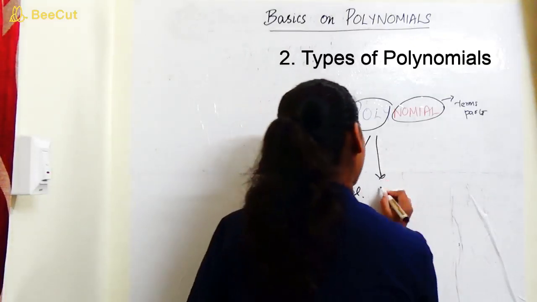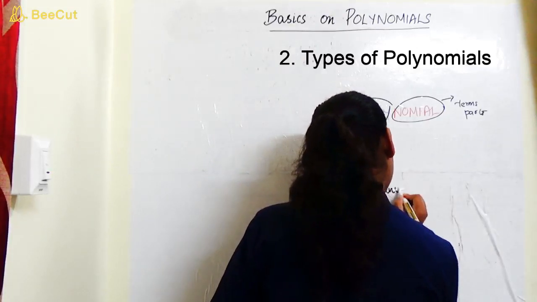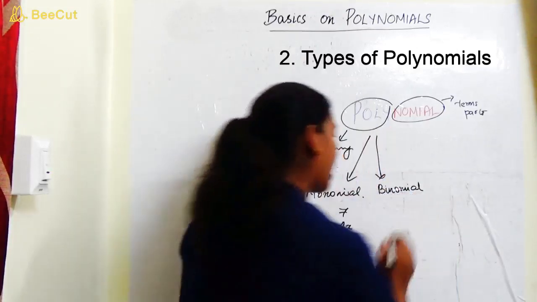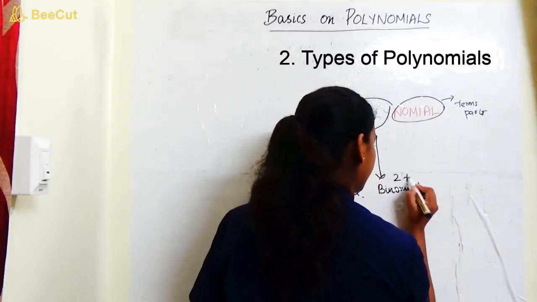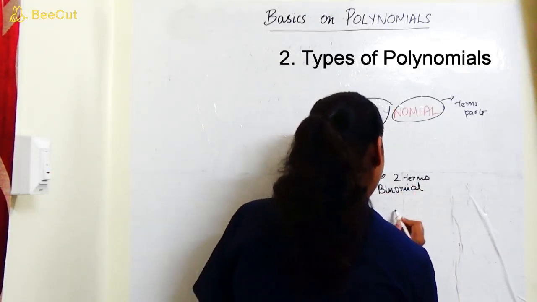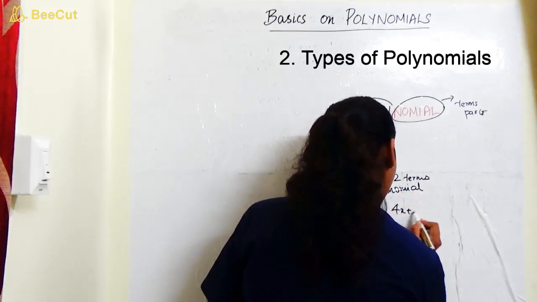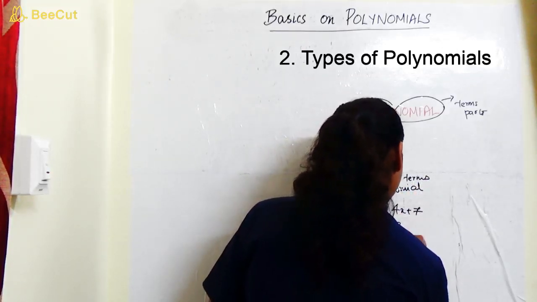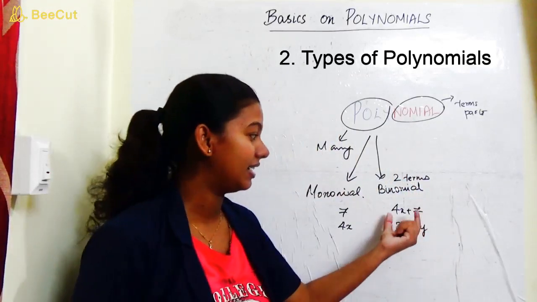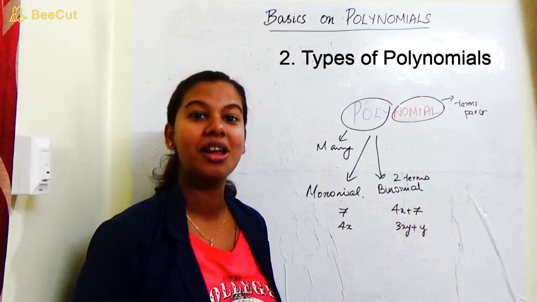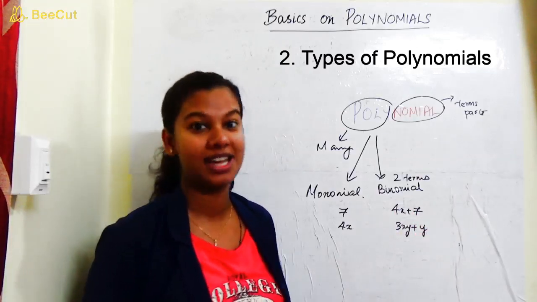Then it can be a binomial. Binomial means two terms, that is 4x plus 7, 3xy plus y. It has two terms. That is called a binomial. Then we have trinomial.